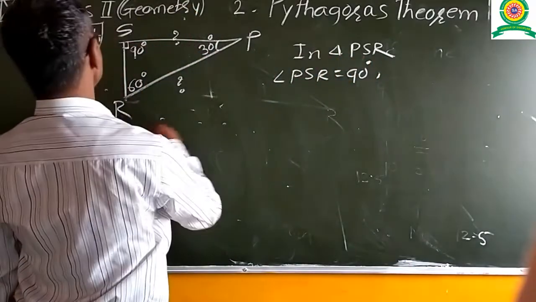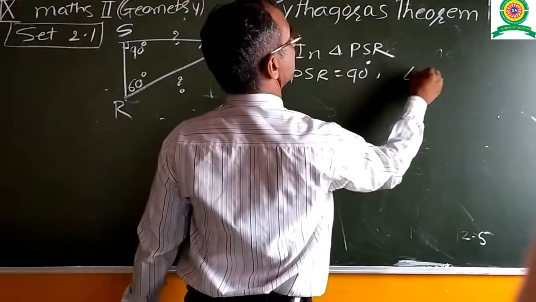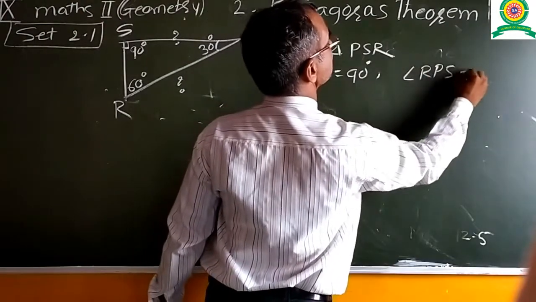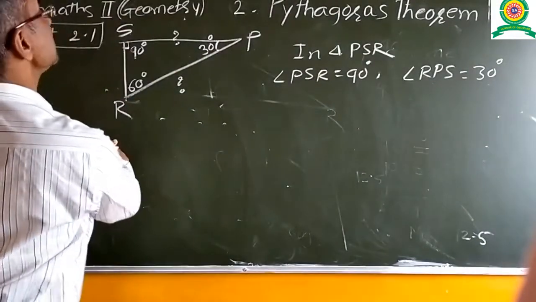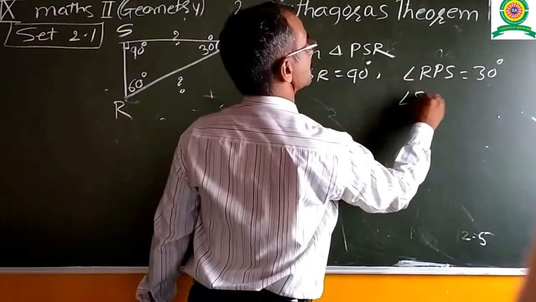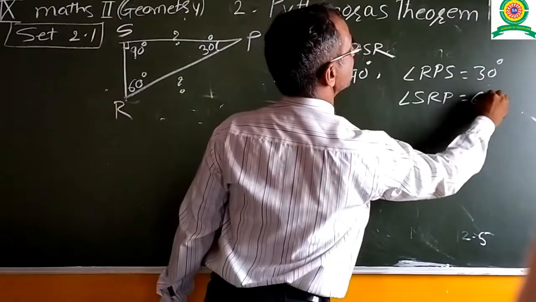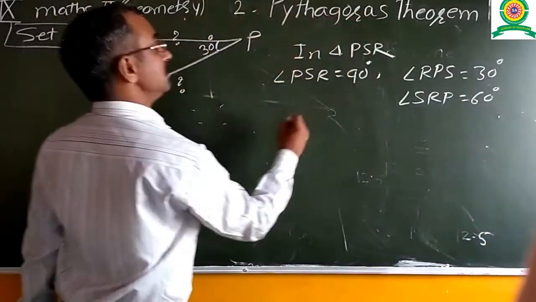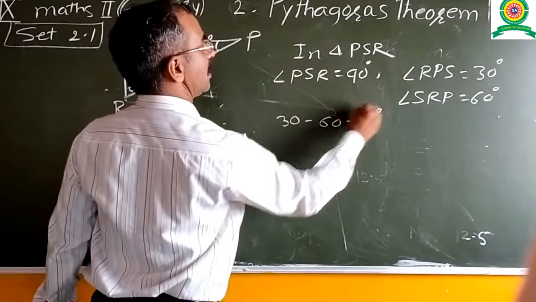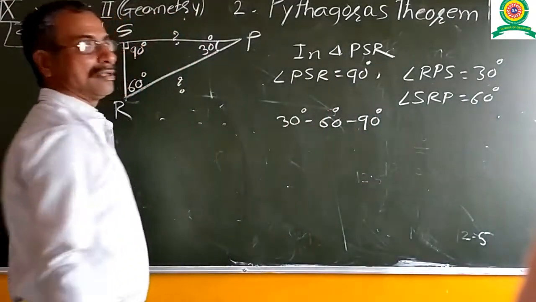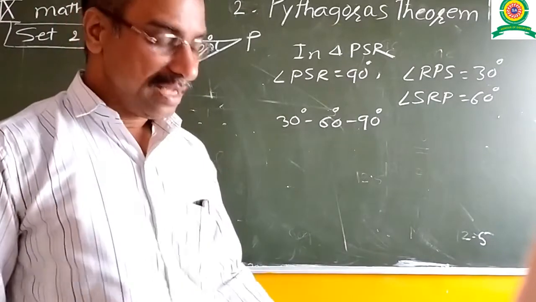Then angle RPS is equal to what? 30 degrees. And the remaining angle we got, angle SRP, is equal to 60 degrees. So we get 30, 60, 90 degree angles. A triangle of the type 30, 60 and 90 degrees.